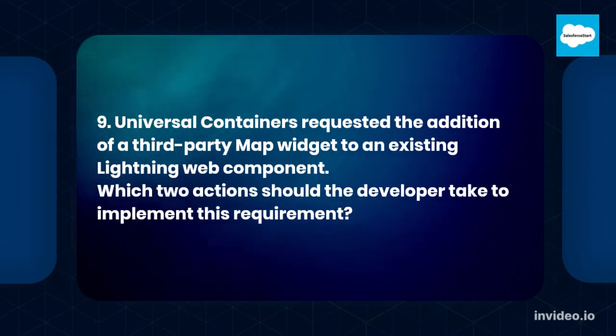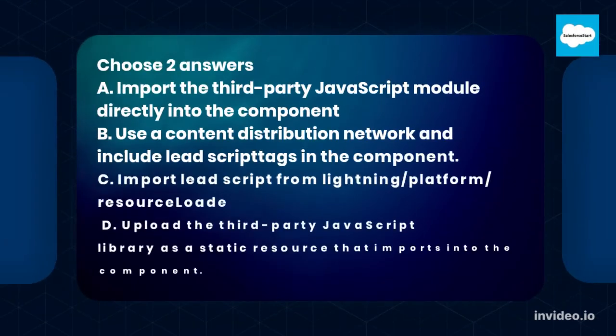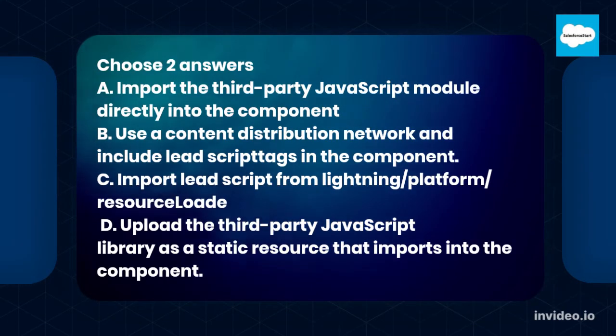9. Universal Containers requested the addition of a third-party map widget to an existing Lightning Web component. Which two actions should the developer take to implement this requirement? Choose two answers. A. Import the third-party JavaScript module directly into the component. B. Use a content delivery network and include script tags in the component.